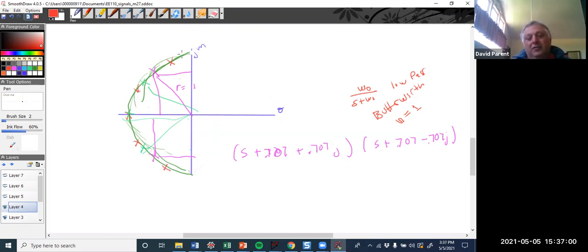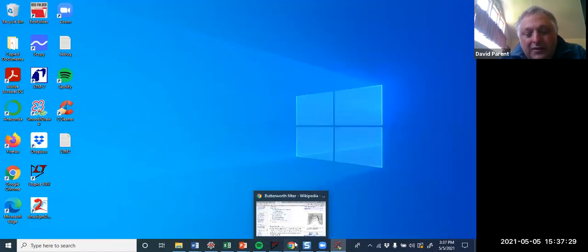But whatever it is, you're distributing the poles along that circle, okay? The Butterworth thing is just you arrange these poles, however many you have, on the unit circle and keep them the same angle apart. And when you do that, you get this.